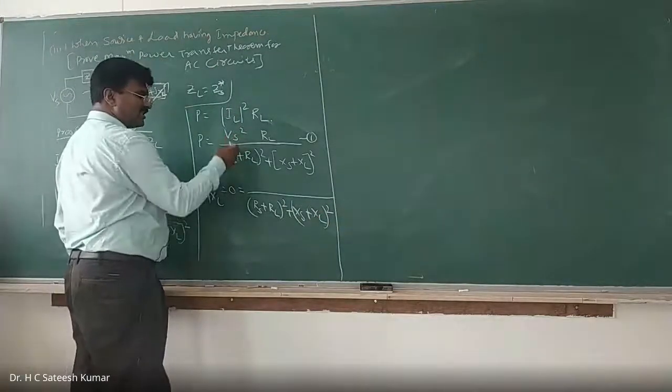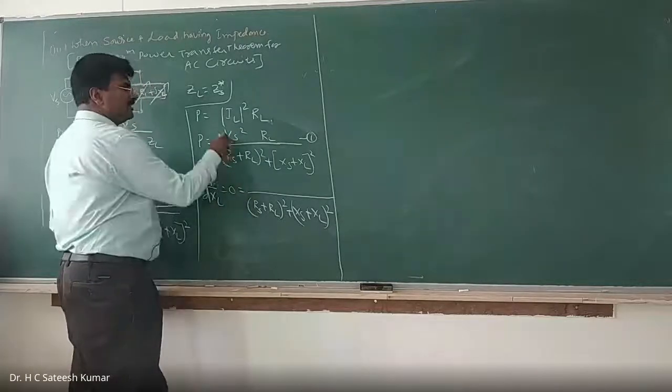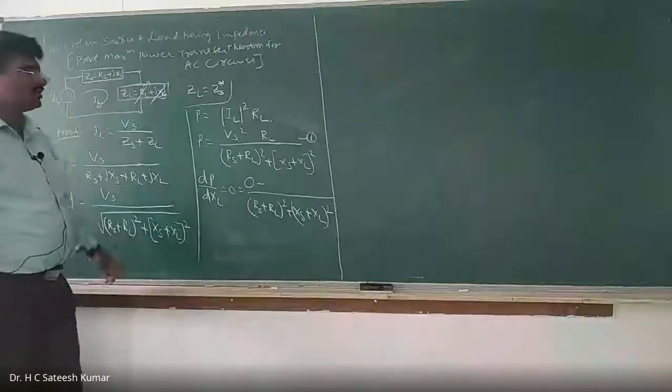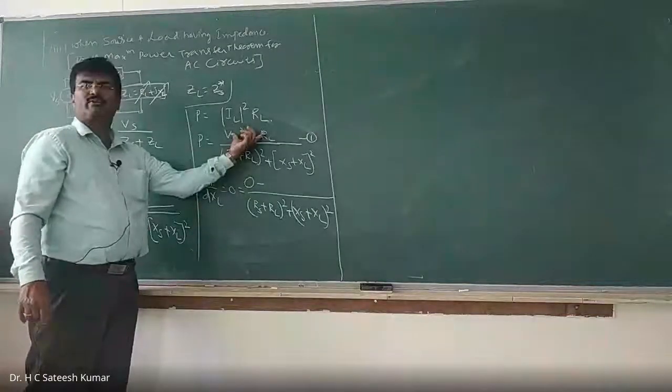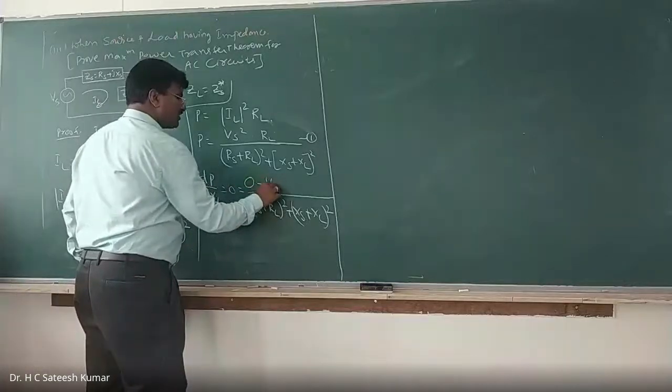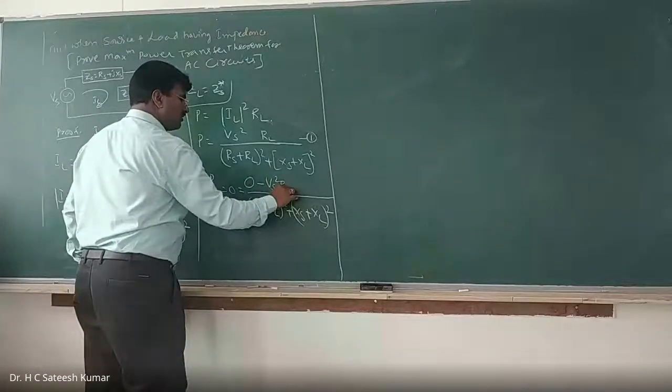I am differentiating with respect to XL. In the numerator we don't have an XL term, therefore it is 0, constant. Minus numerator, Vs square into RL, into d by dx of the denominator.